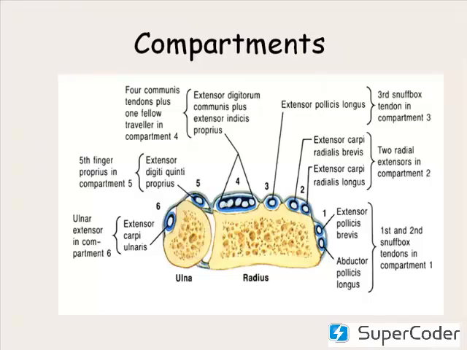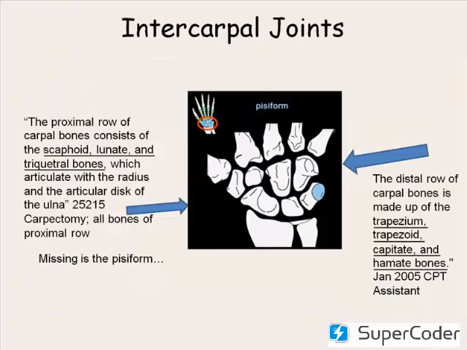On slide number 6, it shows you that picture, and it tells you that even if you don't excise that pisiform bone, it's still considered the proximal row. If you do the scaphoid, the lunate, and the triquetral bones, that would be the reporting of 25215, not the individual bone.